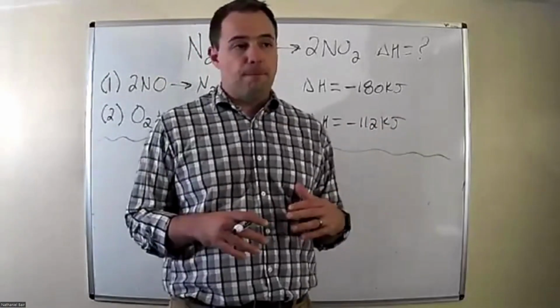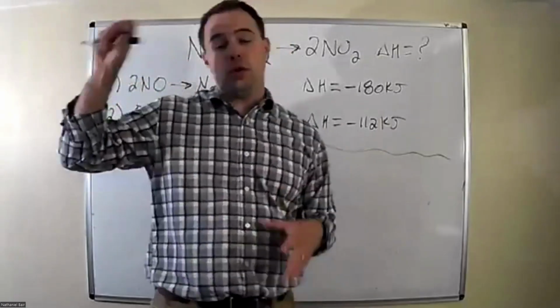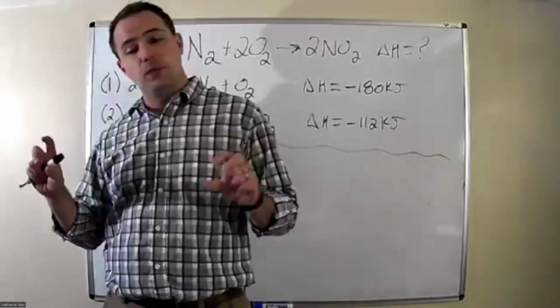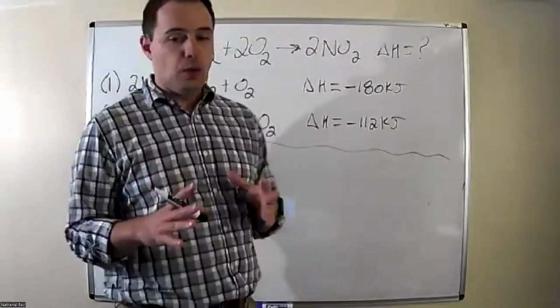It doesn't matter if it takes 1 step or 20 steps, as long as what goes in and what comes out are the same and everything else cancels out, then you can do this method where you can combine reactions and make it work.